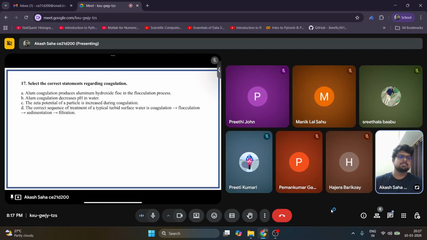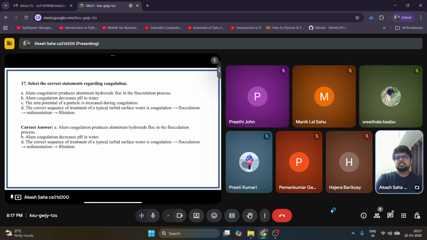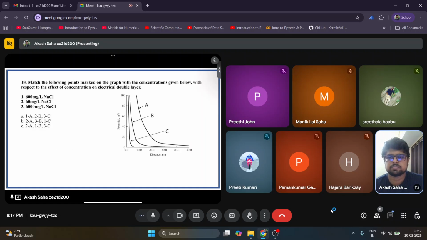In the alum coagulation equation, H plus will be coming out, right? So that will decrease the pH. Okay, so B is also correct. But C is not correct, because the zeta potential of the particle is decreased during coagulation, not increased.